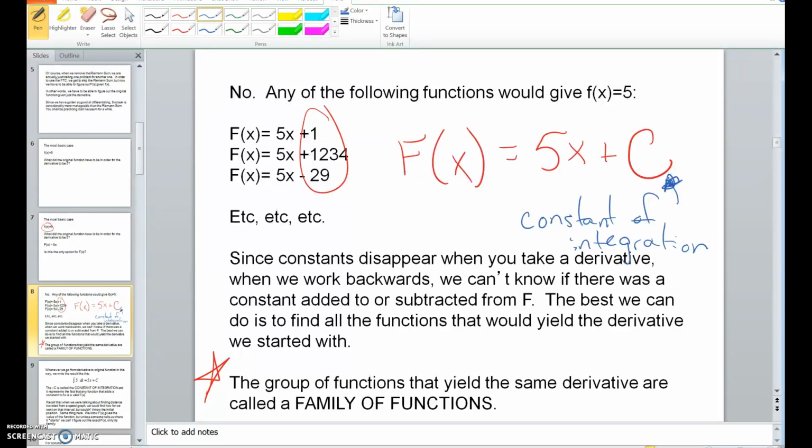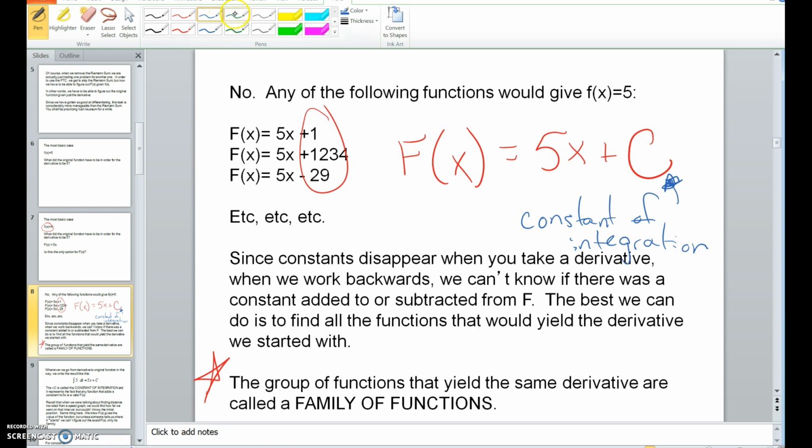It's there to stand for the fact that there's an infinite number of functions that can be the antiderivative of f of x equals 5. As long as there's a 5x plus any number, that is a solution to the question we were being asked.